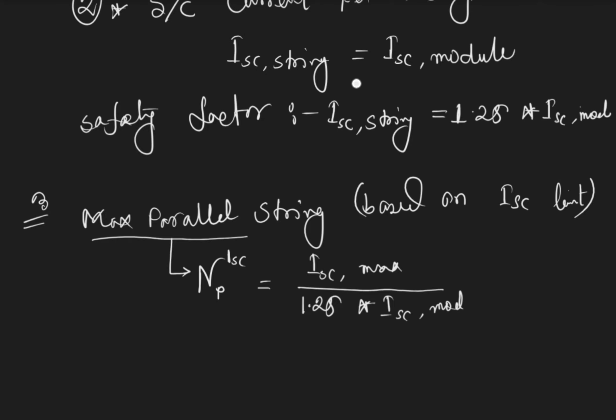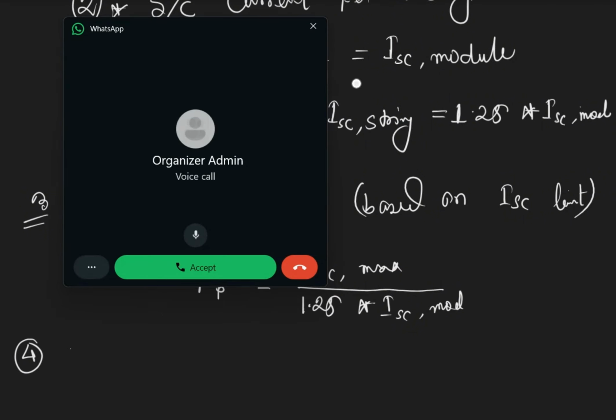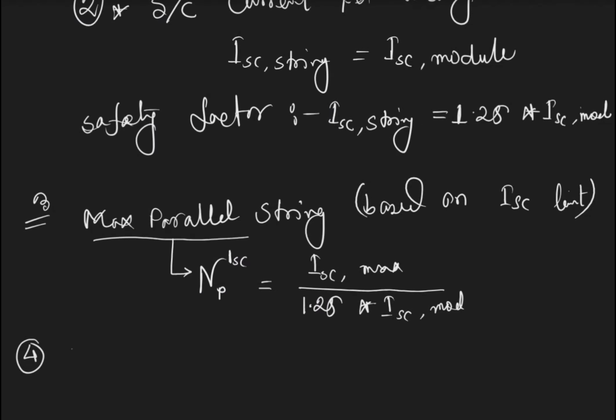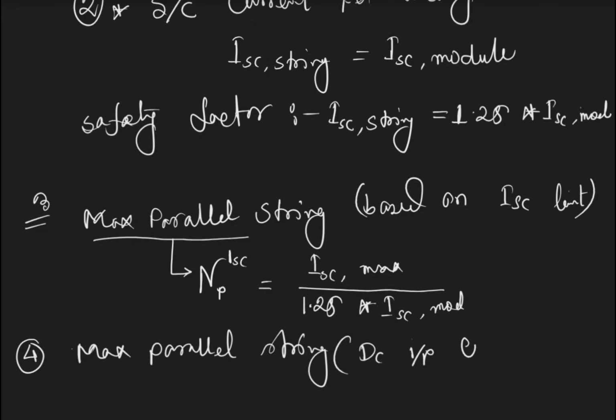Anyways, now it's time for step number four, which is the maximum parallel string. Again, we have to have this data as well. So the maximum parallel string based on the DC input current. Where do we actually get this DC input? Of course, the solar PV panel, right?